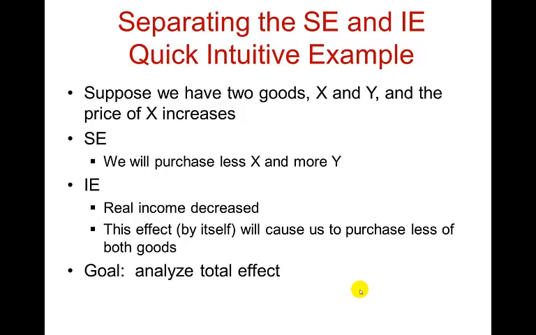But the effect on good Y is ambiguous. The substitution effect says we're going to purchase more of good Y, but the income effect says we're going to purchase less of good Y. So we have these competing effects in this case, and we're going to try and figure out which one dominates.